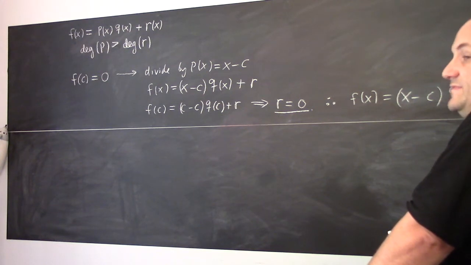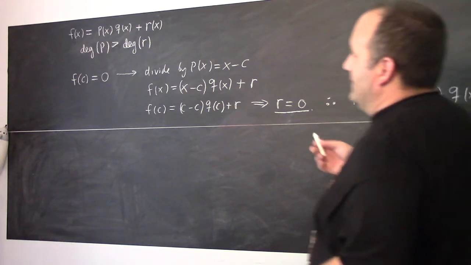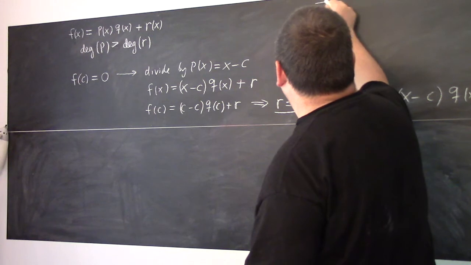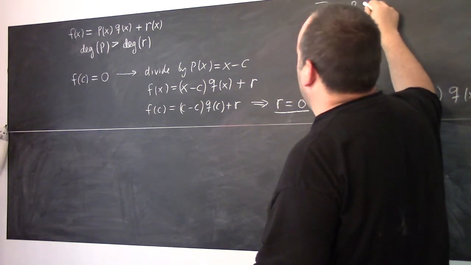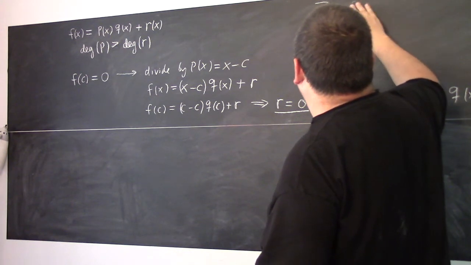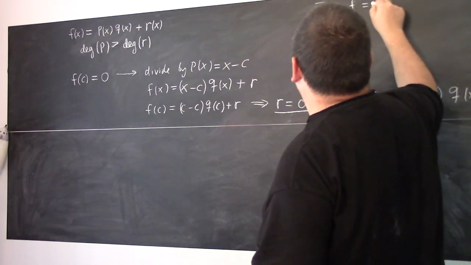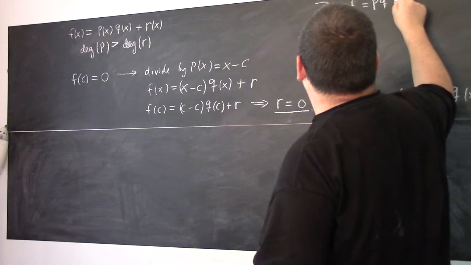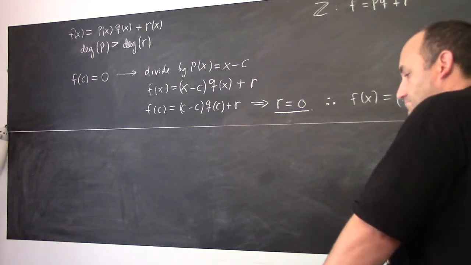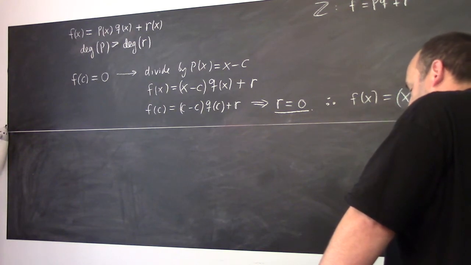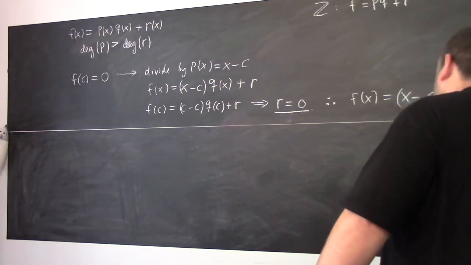Let's take it back another step. You have the integers. You take an integer, I'll call it f. You can write it as p times q plus r, right? We'll keep it positive here.